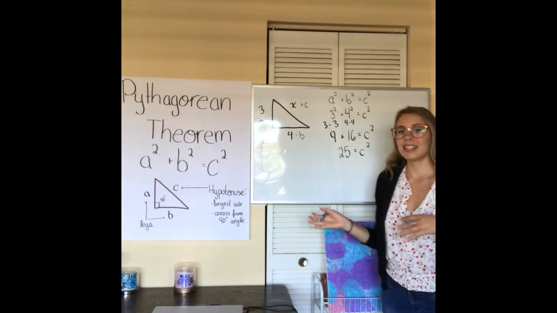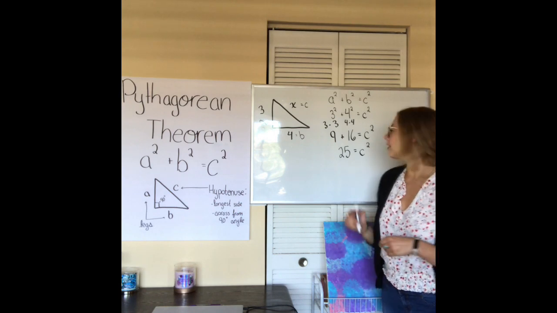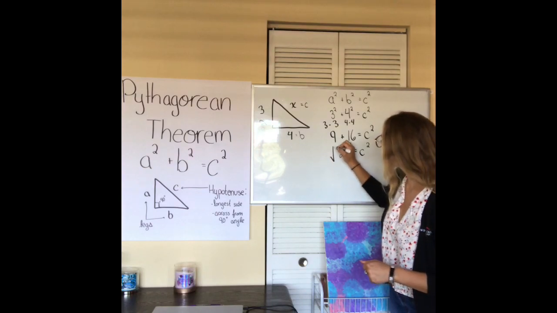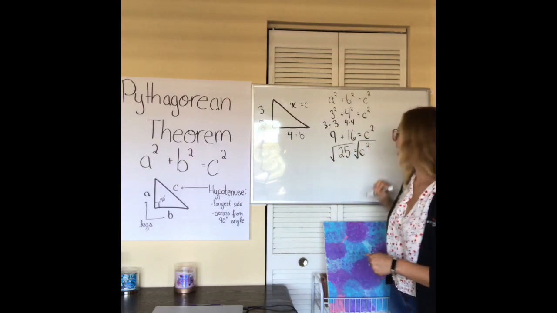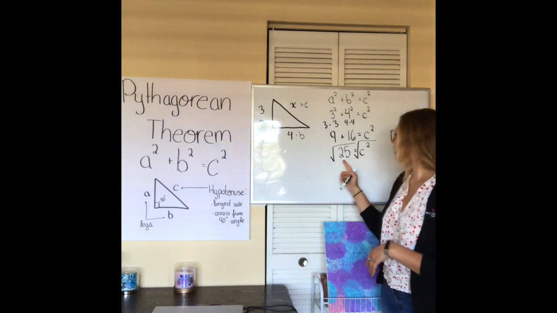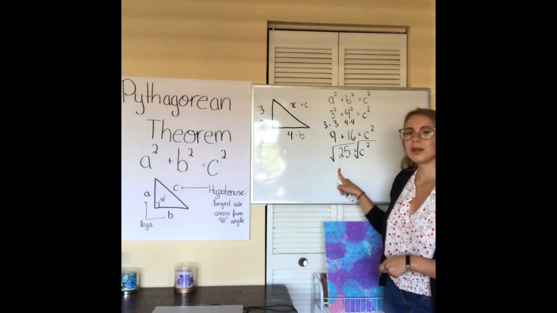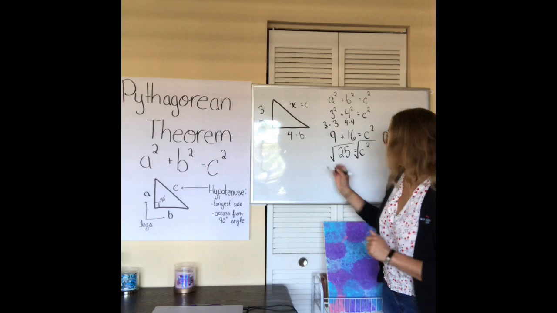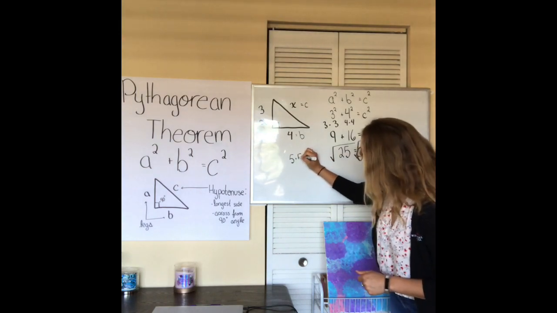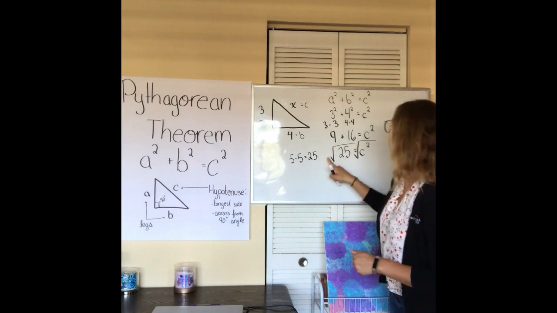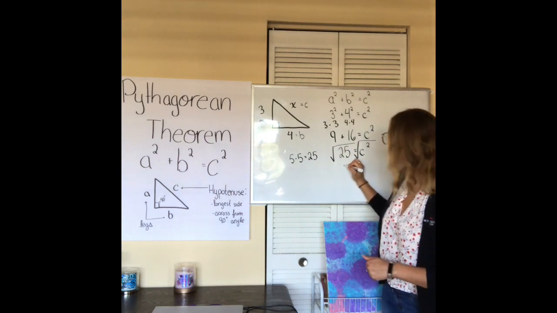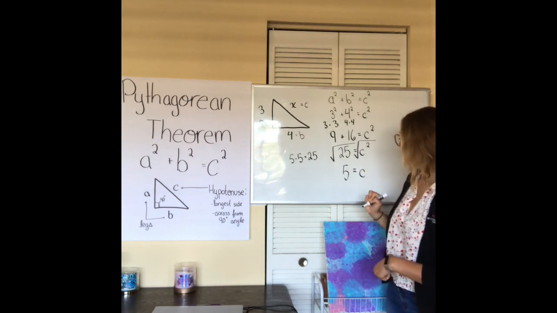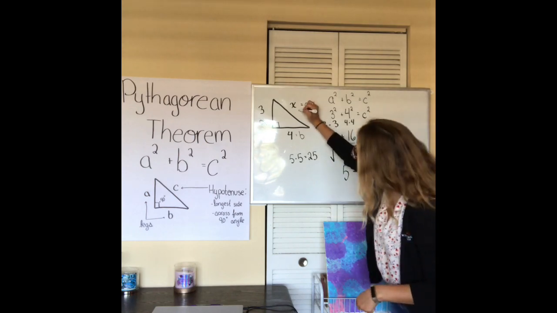This ties along with what we did yesterday, where the inverse of something squared is a square root. So we're going to take a square root of both sides. Remember, taking a square root is figuring out what number times itself gives you the number under the radical. In this case, it's 5, because I know that 5 times 5 is 25. So the square root of 25 is 5, and the square root of C squared is just C. So our C is 5.